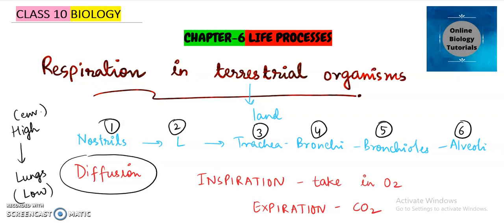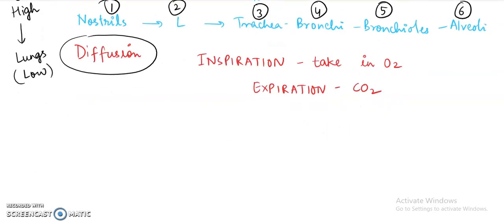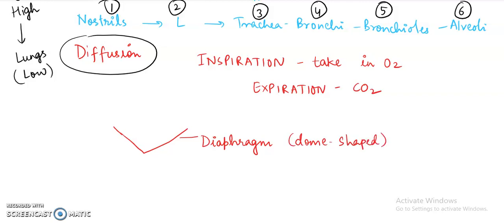As lungs are placed in the chest cavity, when we inhale, our chest cavity becomes greater because it is filled with oxygen. Now when the chest cavity becomes greater, we have a dome-shaped muscle in the abdomen. Just beneath the lungs, we have this dome-shaped structure and this is known as the diaphragm. This is a very important and strong muscle of our abdomen, and it plays a very important role with each inspiration and expiration.